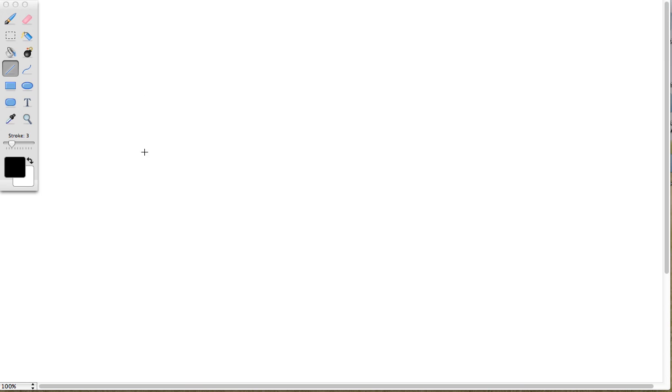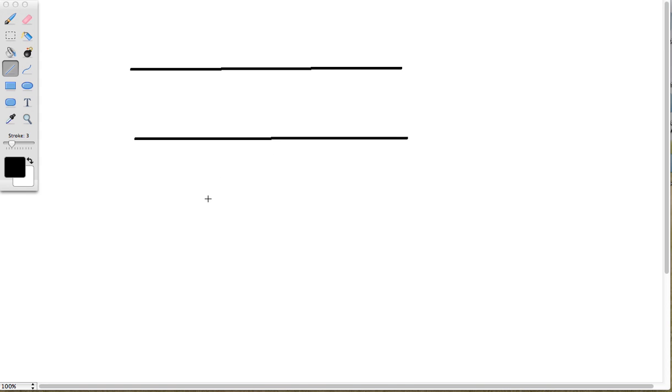So remember in the last video we learned that if two lines are parallel and there's a line that cuts through them, if this is on the outside and this is on the outside, they're equal.